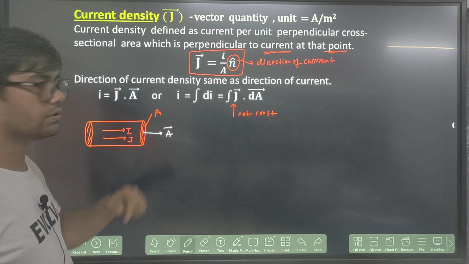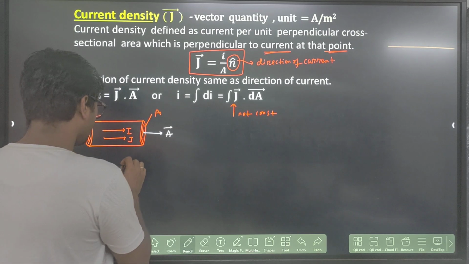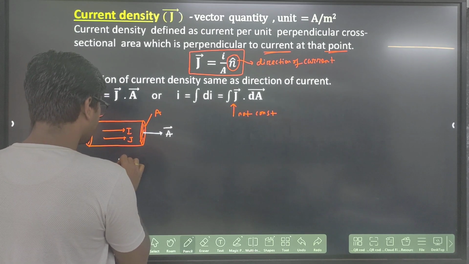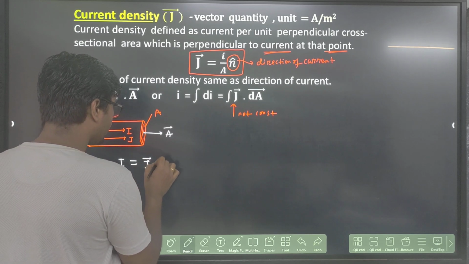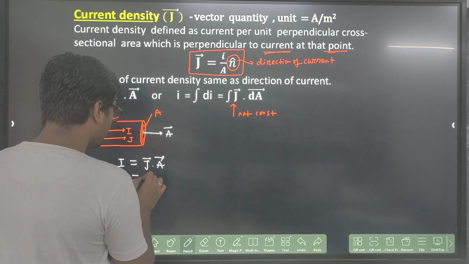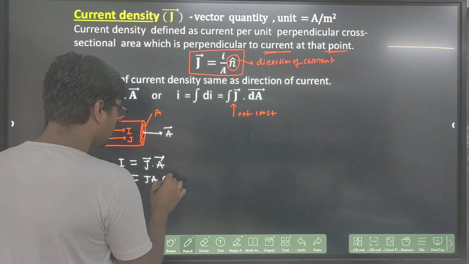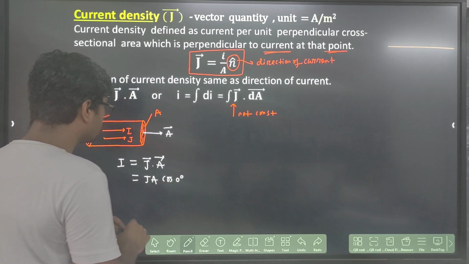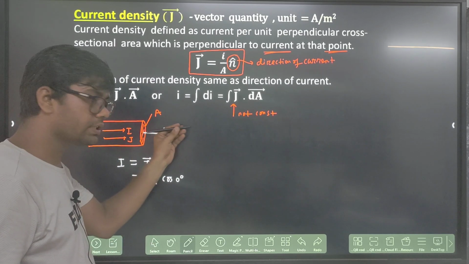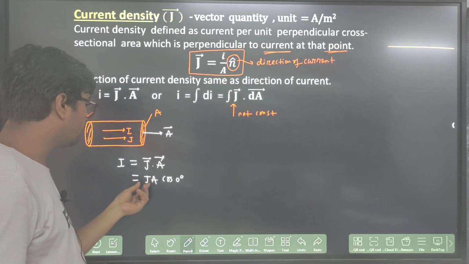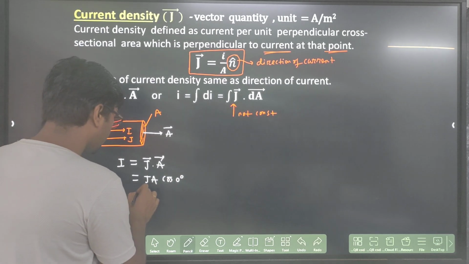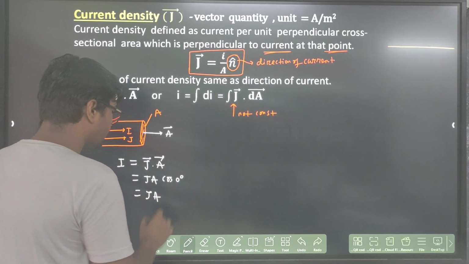So if someone asks what will be the current here, you will say I equal to J dot A, and this is J A cos of 0 degree, because current density is along this direction, the area also along this direction. The current will be J A cos 0 degree, and it will be J A. Clear?